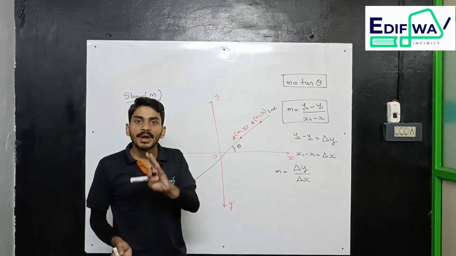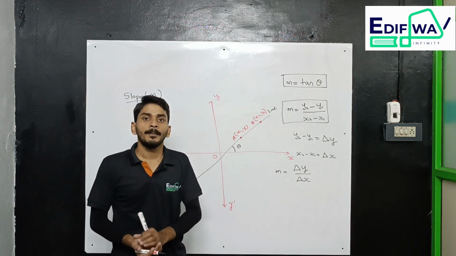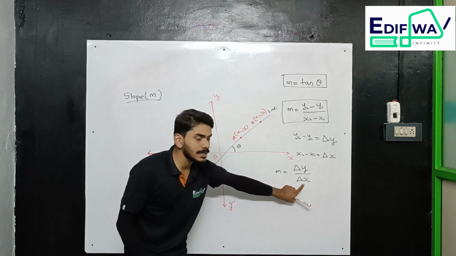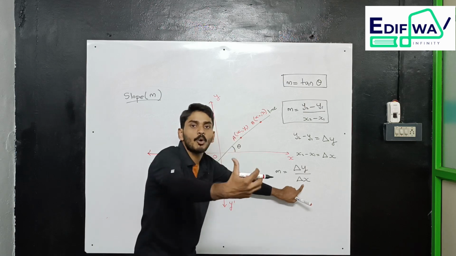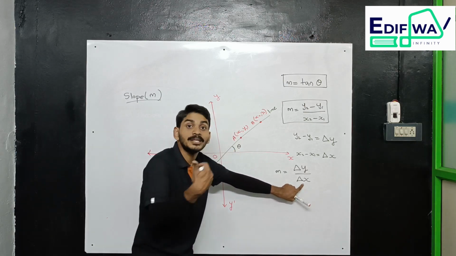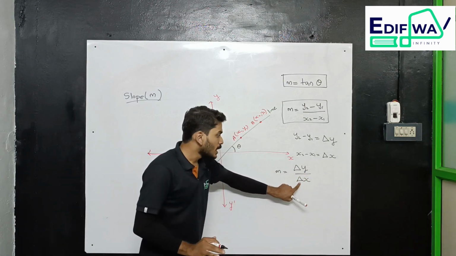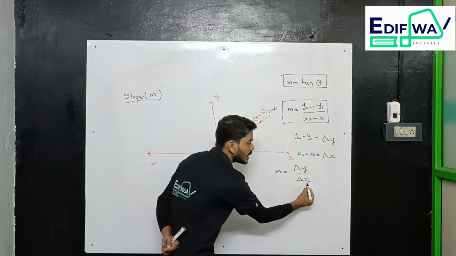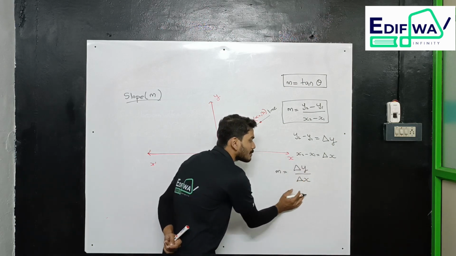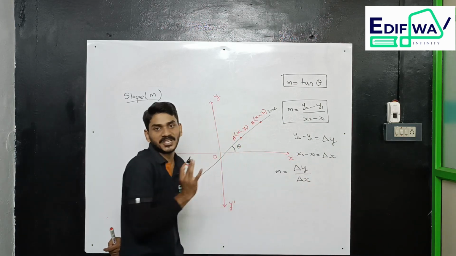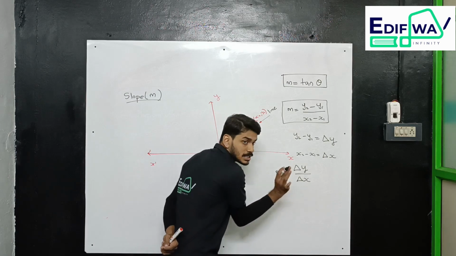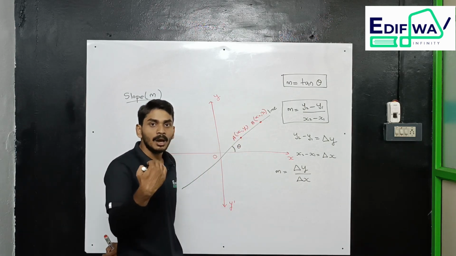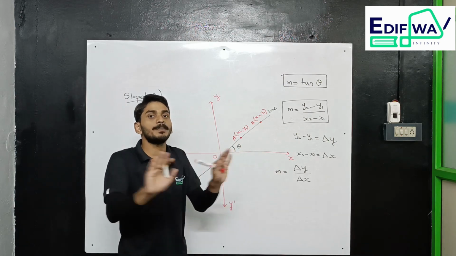All those values are very near to 0, but they are not 0. It never becomes 0. If it becomes 0, then this becomes undefined. You know that very well, right? If the denominator becomes 0, then in mathematics it is a not defined condition. So it is not 0, but it is tending to 0. We say tending, that is going near to 0, but it never becomes 0.